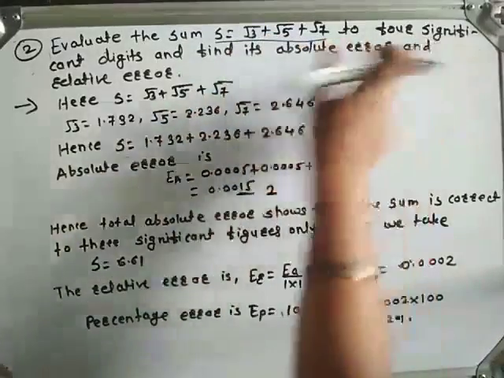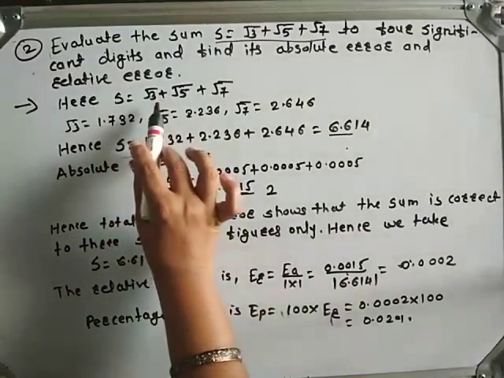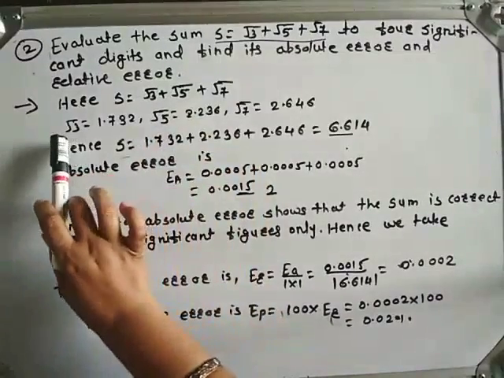See here, in this problem we have to calculate this number to 4 significant digits and find its absolute error. S is equal to root of 3 plus root of 5 plus root of 7.